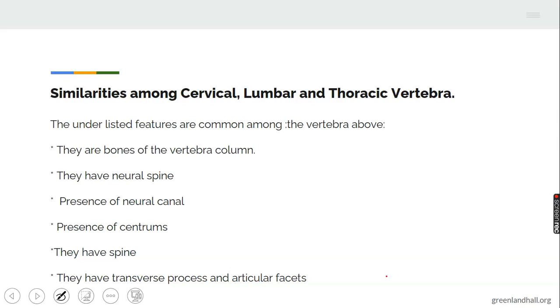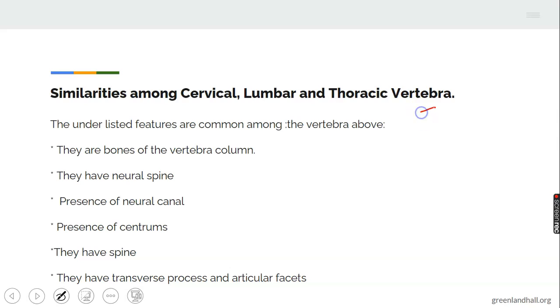Now, having discussed the features of the vertebrae, they have some similarities as well as differences. We'll be looking at the similarities among the cervical, the lumbar, and thoracic first. That is, what the three bones have in common.